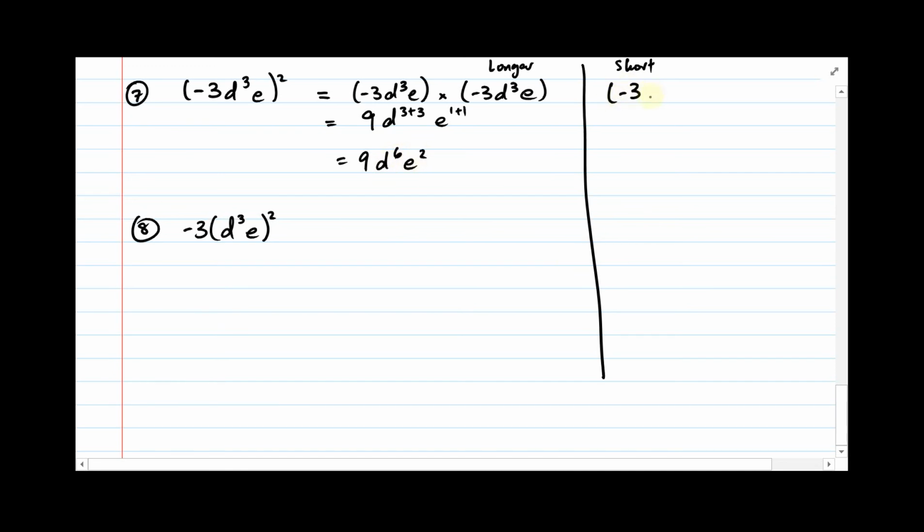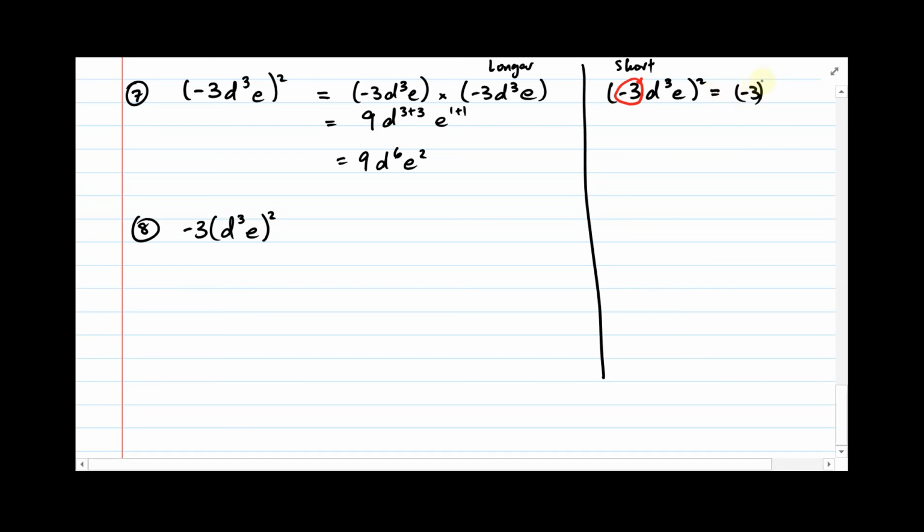Let's look at the same problem in a short way. Now notice that this is one whole term, or you could look at it as negative 1 times 3. So what do I have?